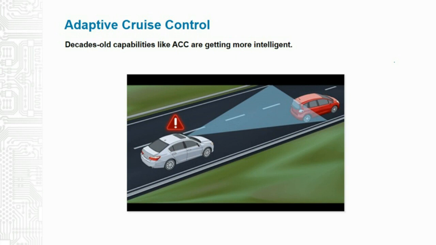But if it sees a slower vehicle, it gently reduces speed by releasing the accelerator or actively engaging the brakes. The point to remember is that even with adaptive cruise control switched on, it is still the driver's responsibility to monitor the speed and the distance from the vehicle in front of him or her.